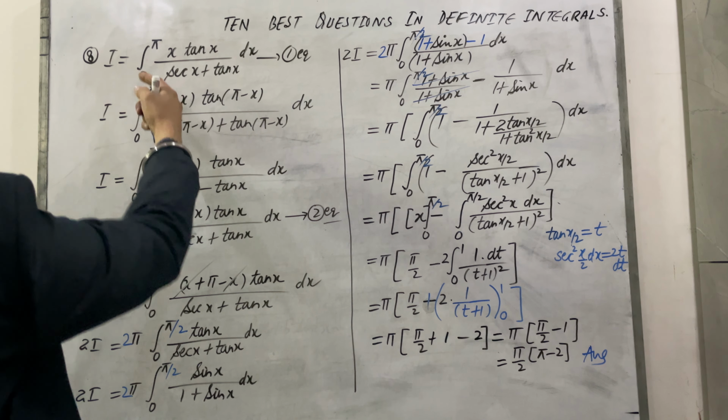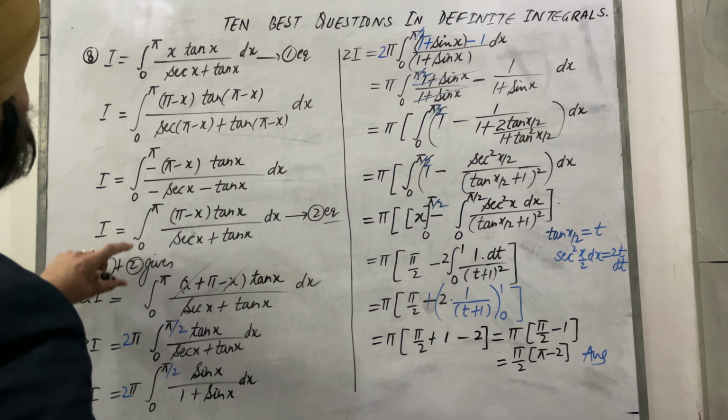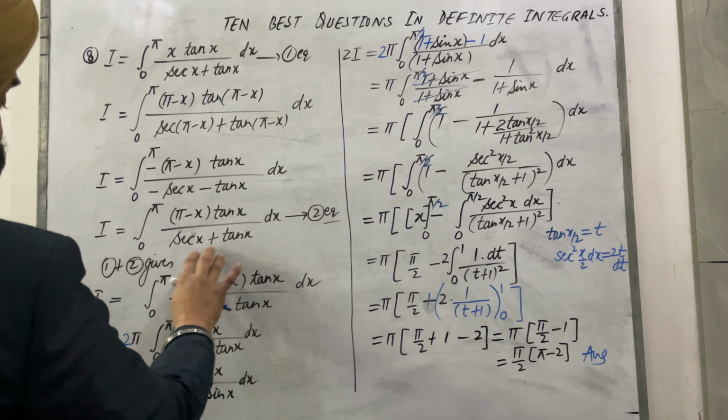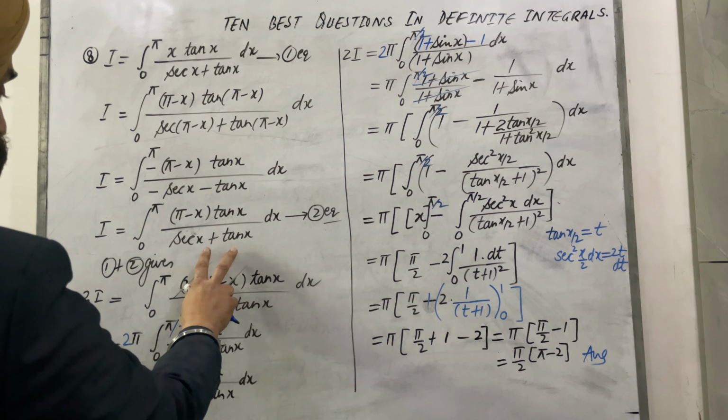So we have 0 to pi here, 0 to pi here as well, so it remains 0 to pi. So x tan x upon sec x plus tan x added with pi minus x tan x upon sec x plus tan x. Since the denominators are identical, I'm writing this step directly. Common denominator will be there and the numerators will simply be added.